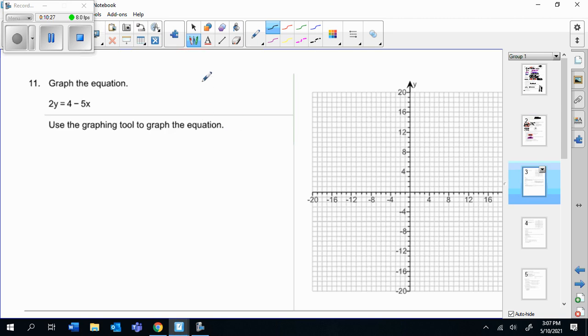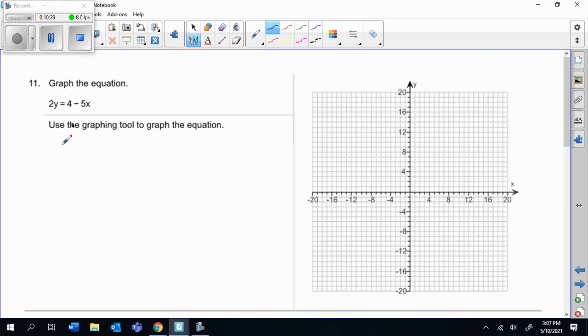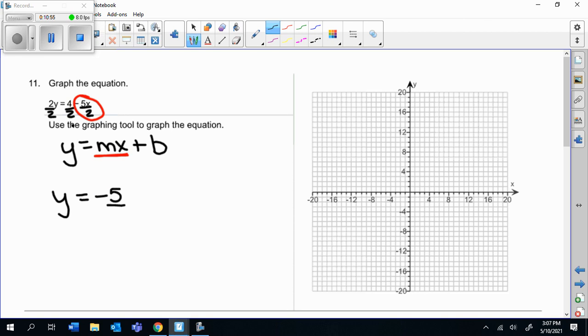Graph, we need to put this in y equals mx plus b. So what am I going to do? Well, I already have 2y by itself, so I can just divide everybody by 2 right here. So y equals, I want to make sure I write the slope and the x term first, so minus 5 halves x, and then 4 over 2 is just plus 2.